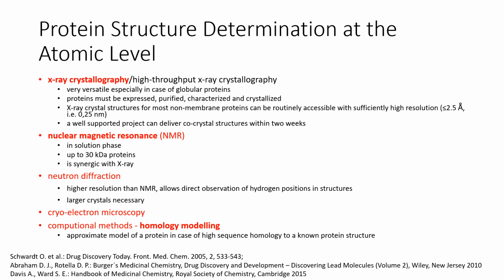We mentioned in the historical overview in the beginning of the lecture also cryo-electron microscopy. These are all experimental methods. The last method, homology modeling, is a computational method that can be used for prediction of 3D structure of protein.